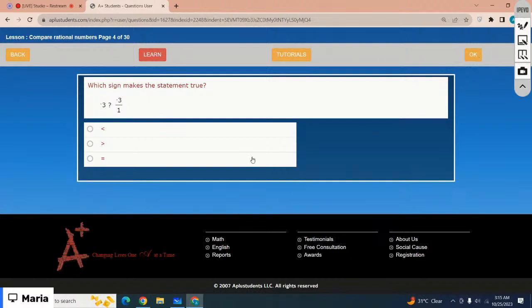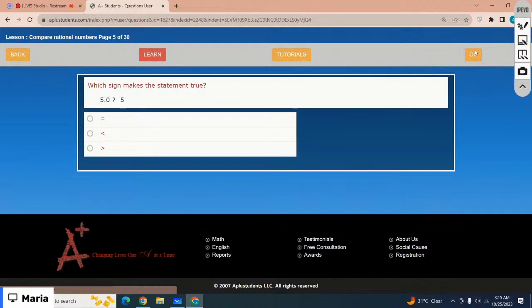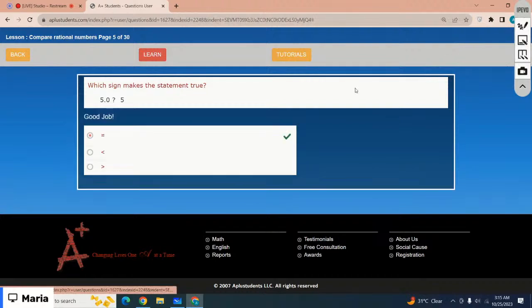If you write one or you do not write one, they are equal. Okay, 5.0 and 5. They are exactly equal, right? Either you write point 0 or you do not write it. They both are exactly the same. So they are equal. You can complete the lesson by yourself later today.